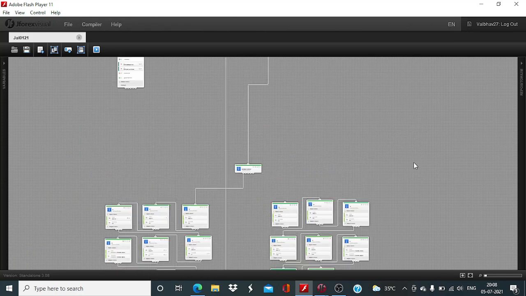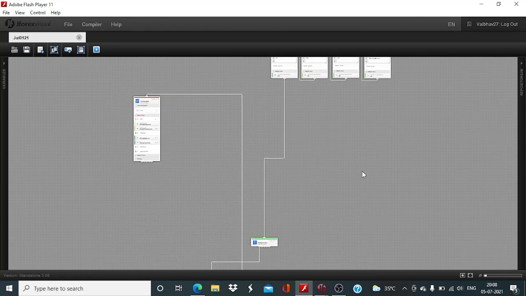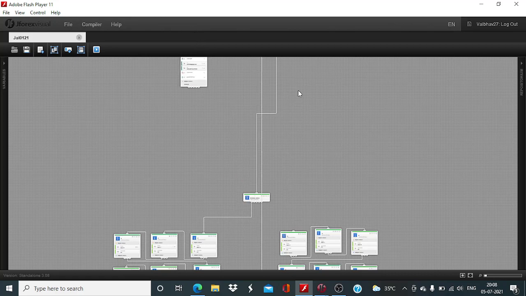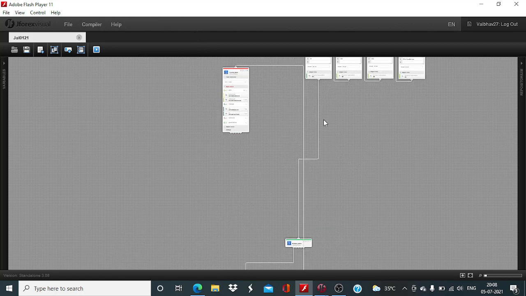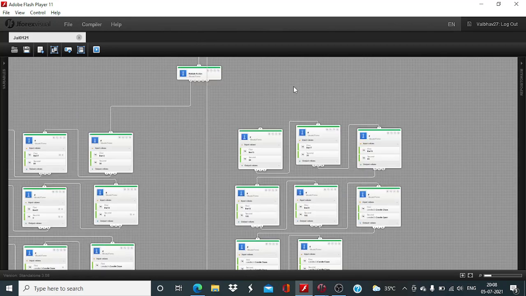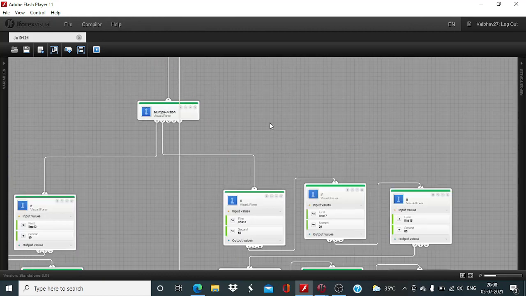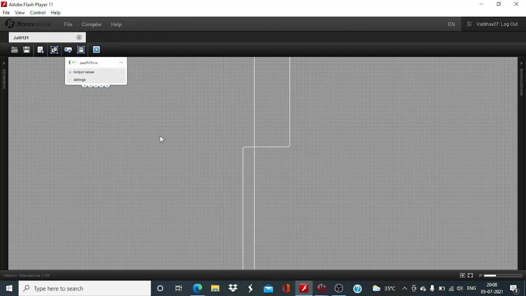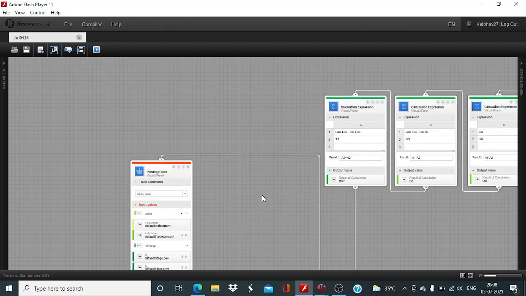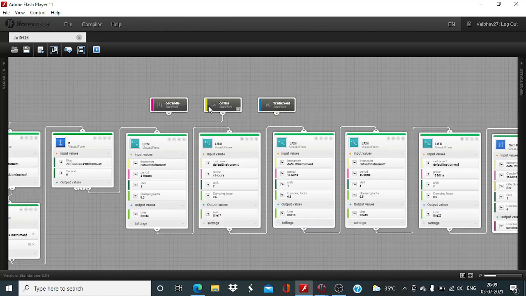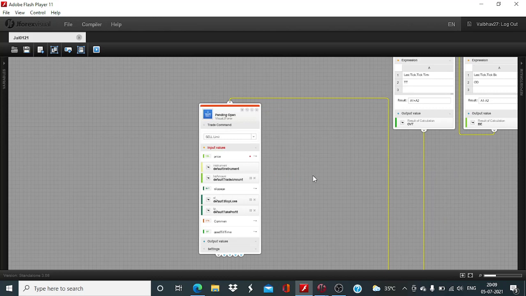Alright, we will keep this trade command block here. Join it to the multiple action. Okay. And let us color code this iteration flow to make sure that the flow is unbroken.